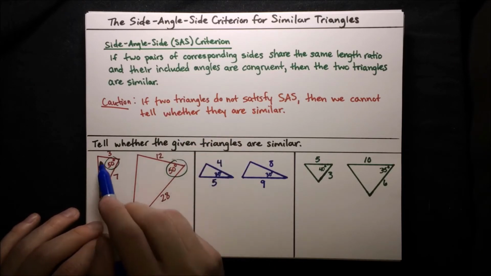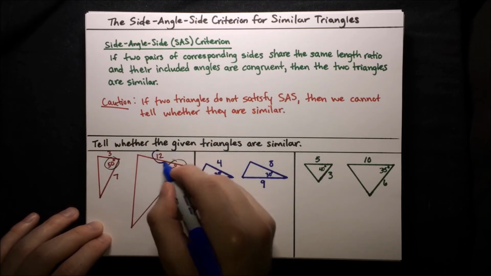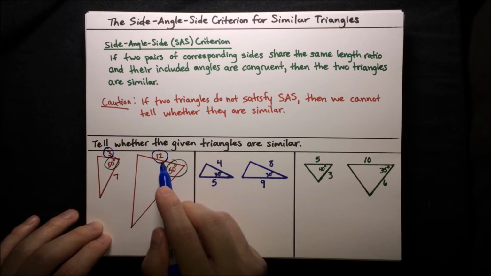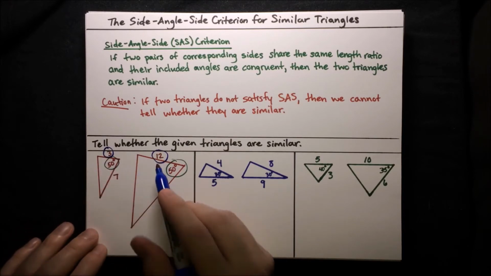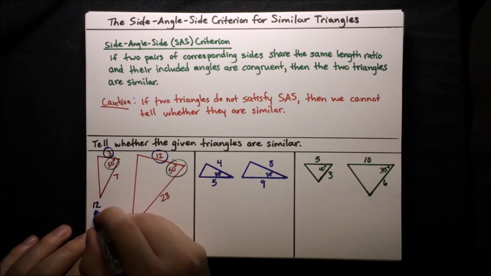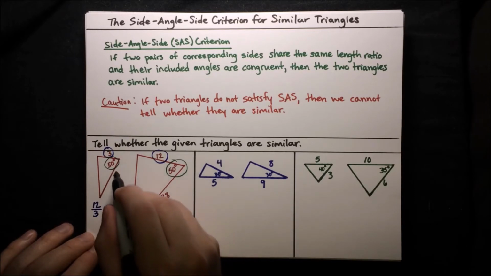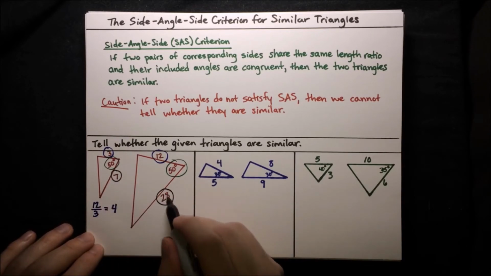So let's go ahead and check the ratios of the sides. First of all, let's check the small sides, 12 and 3. These are the corresponding small sides, and that ratio, 12 to 3, simplifies to just 4. 12 divided by 3 is 4. And let's also check the ratio of the other sides, 7 and 28.